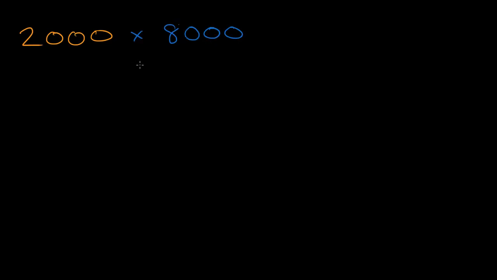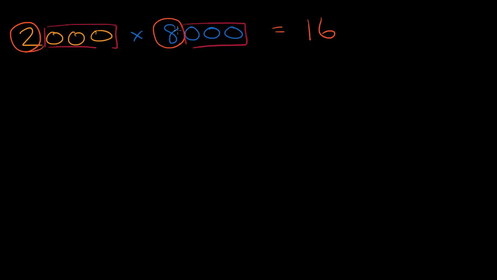That's always prudent. Well, you might get the hang of it now. You might be able to do this quite quickly. You might be able to say, hey, 2 times 8, well, that's going to be equal to 16. And then I have 3 plus 3 zeros. So that's going to be 6 zeros. 1, 2, 3, 4, 5, 6, which gives me 16 million.